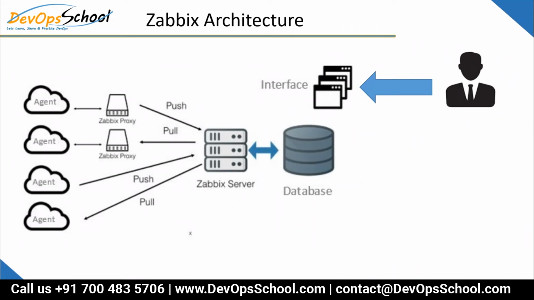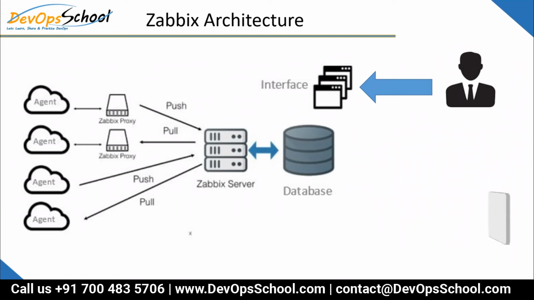Zabbix server can insert, pull and push all the data from the database, and Zabbix server gets the data from the agent, and you see the agent can push and pull, both ways are possible. We'll discuss that in a little more detail later on. So the agent can send the data directly to Zabbix server, and Zabbix server stores it in the database, and from the database the web interface takes the data, and we can view that.